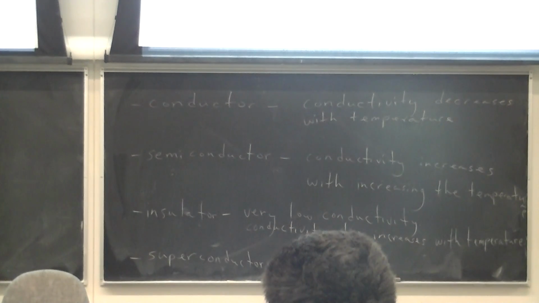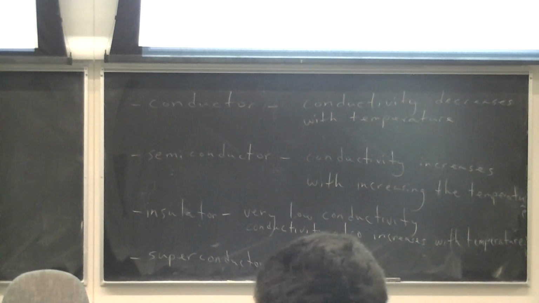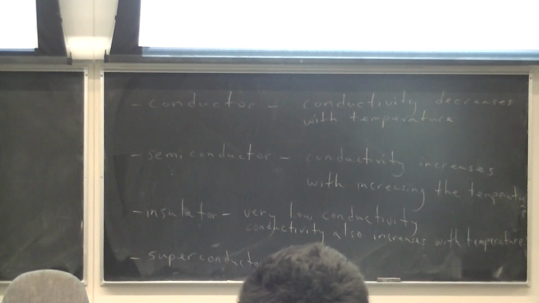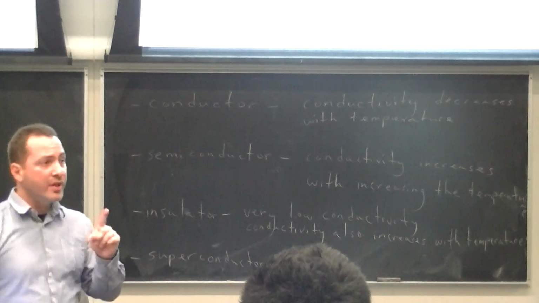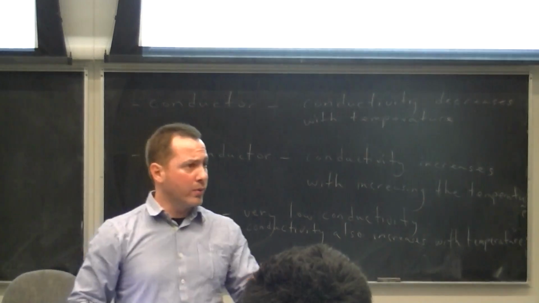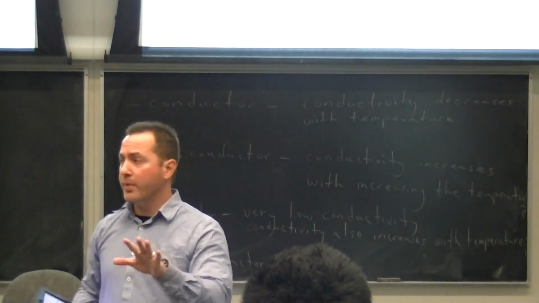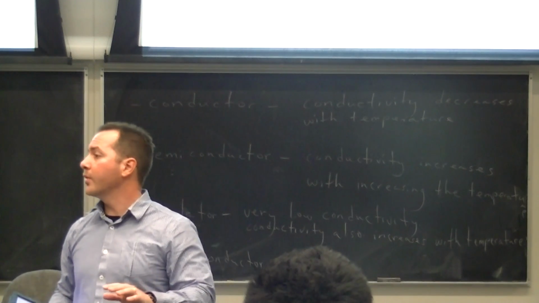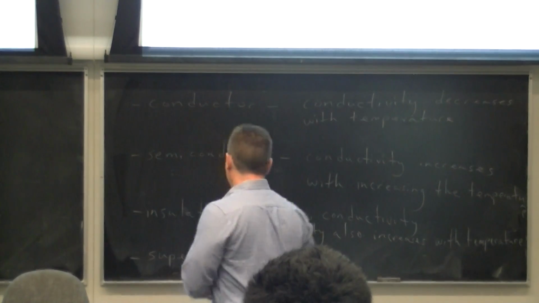There's no resistance to the flow of electrons in a superconductor as long as it is below the critical temperature. So superconductors need to be very, very cold in order to display superconductivity. If they are above the critical temperature, they will not be superconductors. So let me write that.